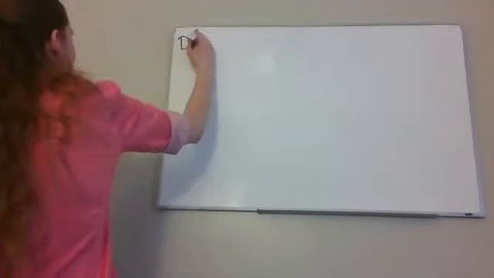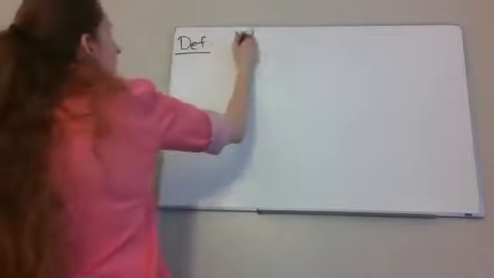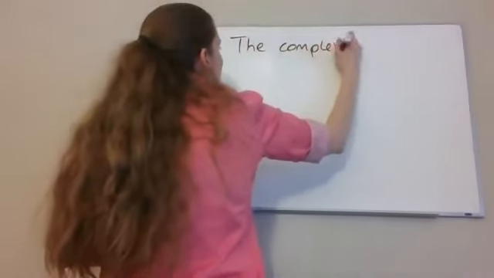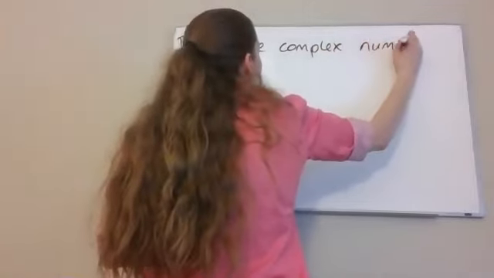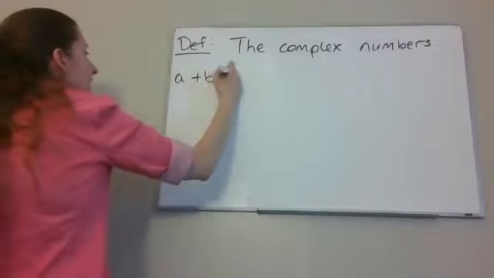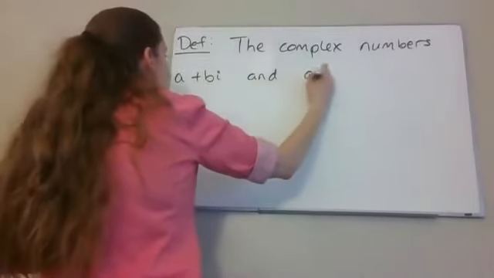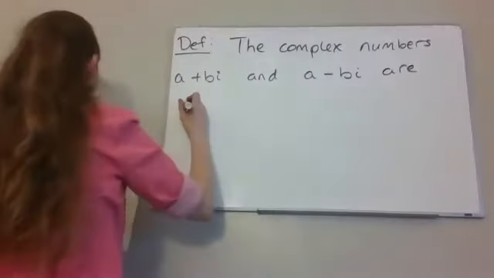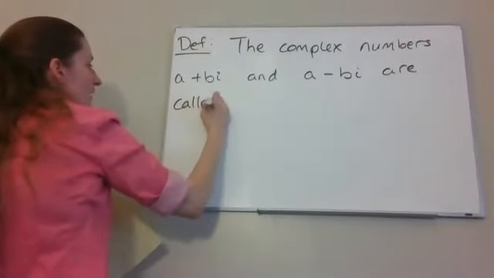Definition. The complex numbers a plus bi and a minus bi are called complex conjugates.